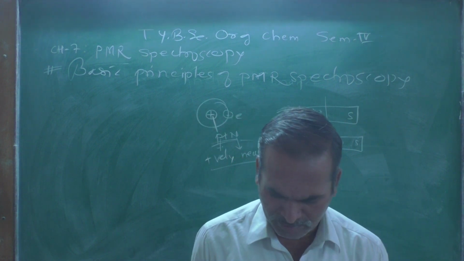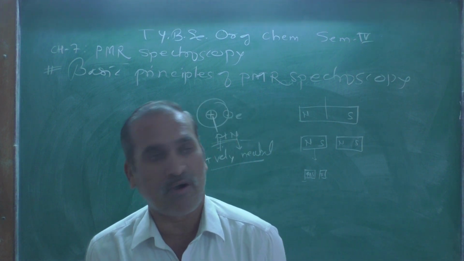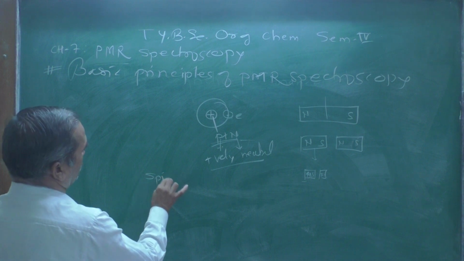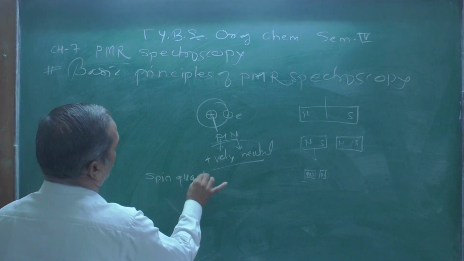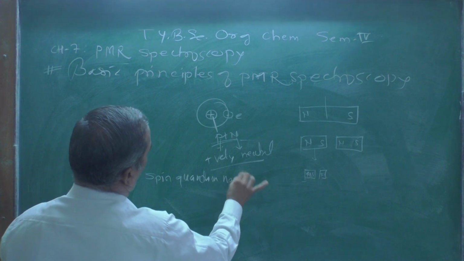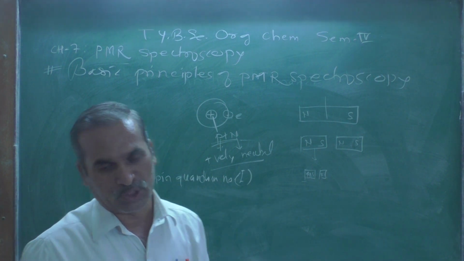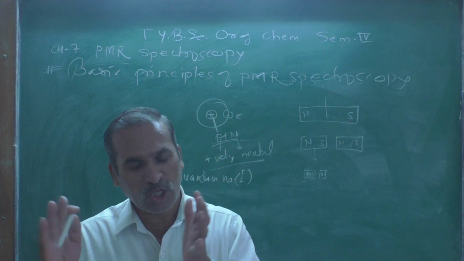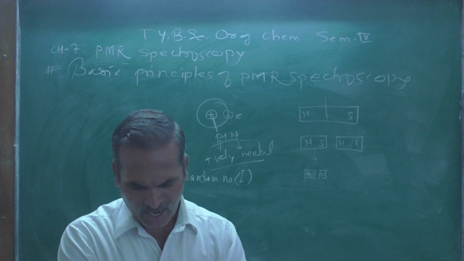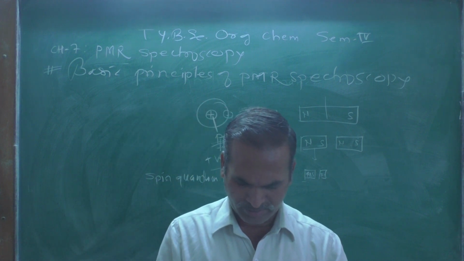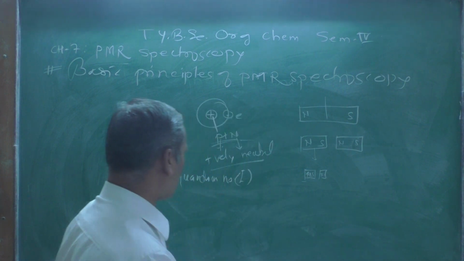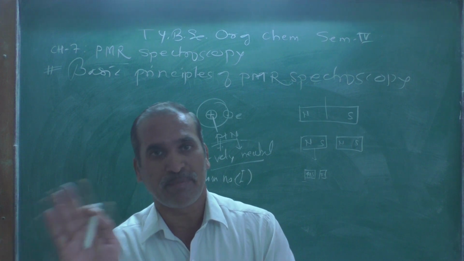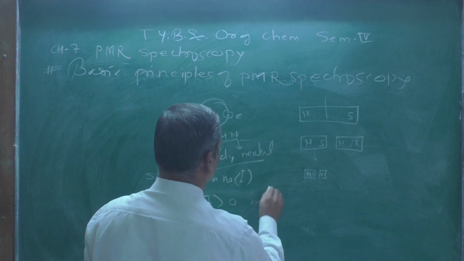The spin quantum number I is a characteristic of the nucleus. It is very important. All nuclei that have a spin quantum number I greater than 0 behave as magnets.